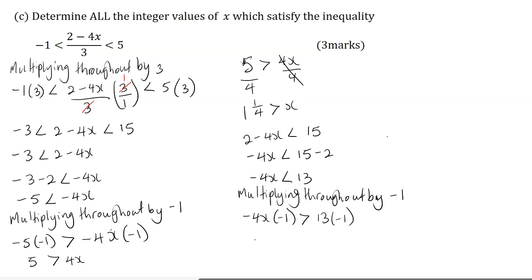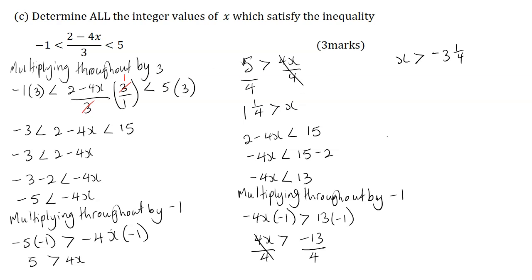So minus and a minus is a plus, so this here is 4x is greater than minus 13 because the signs are different, so this is negative. So I will divide here by 4 and divide here by 4. So we can write here that x is greater than minus 3 and a quarter.